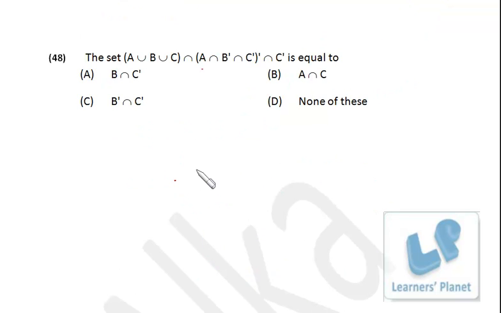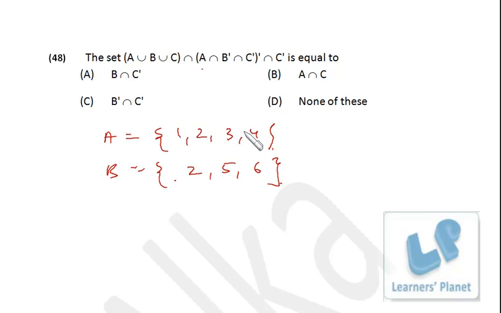Now we see this question, and here we have to find the value of this expression. To solve this sort of question, you can assume values for A, B and C. Suppose A is 1, 2, 3, 4, B is 2, 5 and maybe 6. There should be one extra element which is not common, so we can distinguish it clearly.